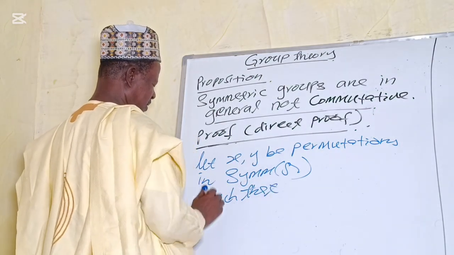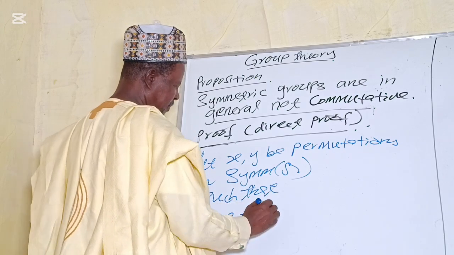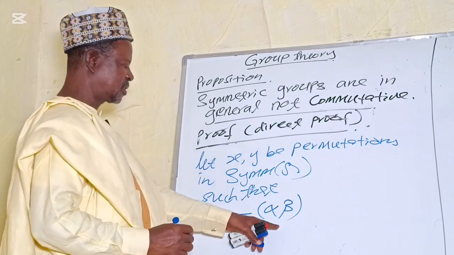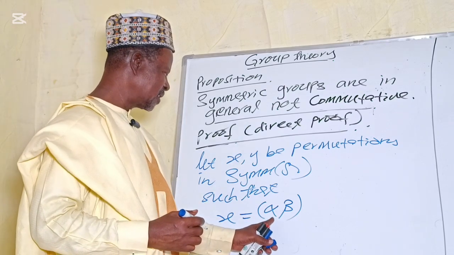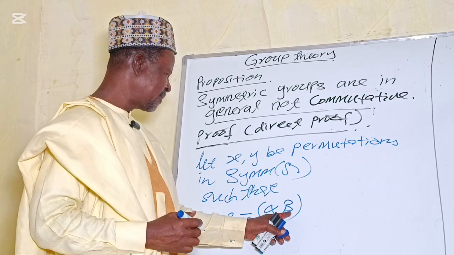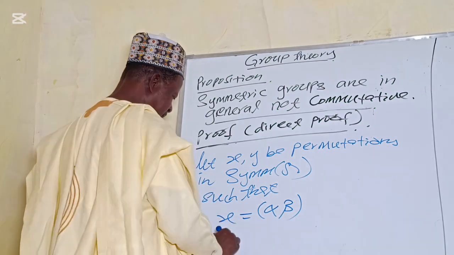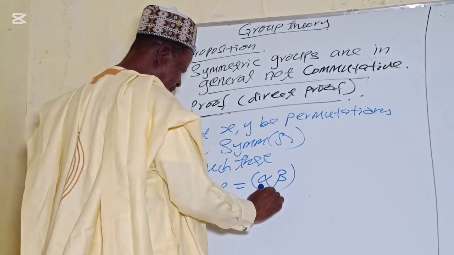Let us say our x is something like (alpha beta). Let's use simple permutations. This means alpha is mapped onto beta and beta is mapped back onto alpha. And let y be another permutation, maybe (beta gamma).